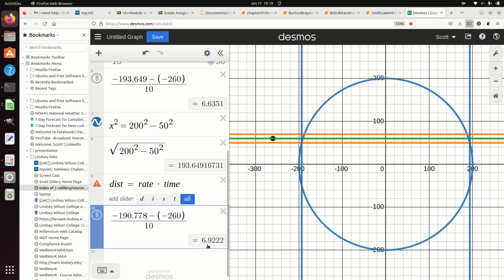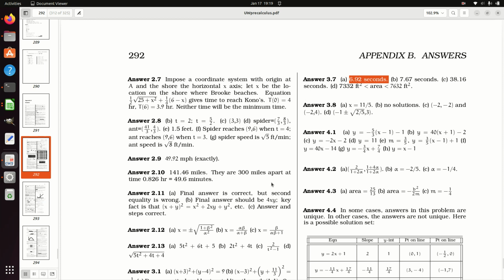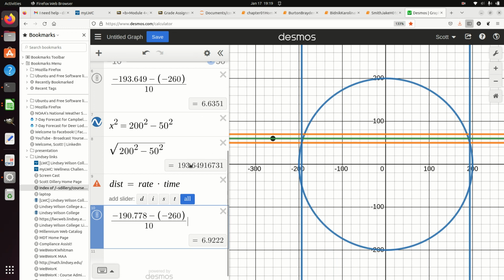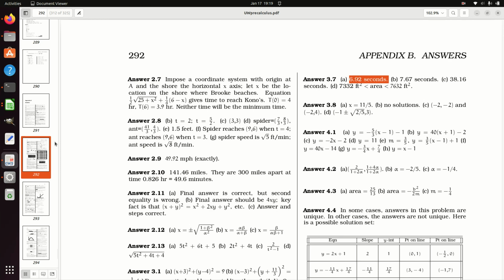And see, you get the 6.92, which is, I think, what they had, right? 6.92, right?